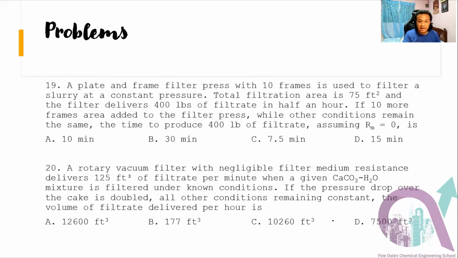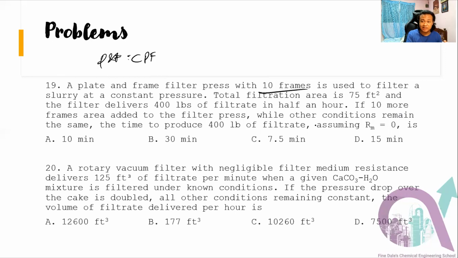Okay, so we have PNF gihapon, so that's constant pressure filtration. We have 10 frames, and then you have filtration area A, 75 square feet, and the filter delivers 400 pounds of filtrate in half an hour.